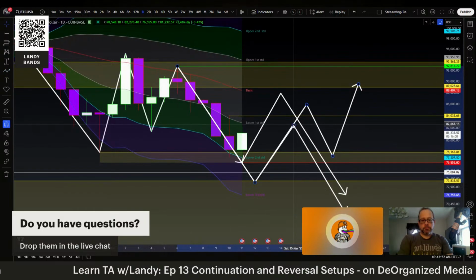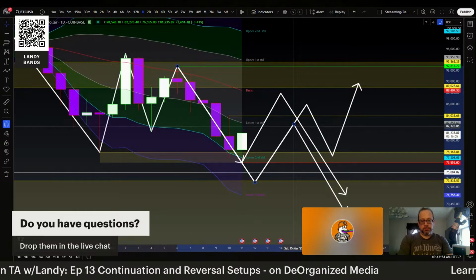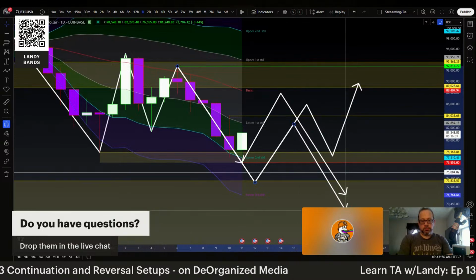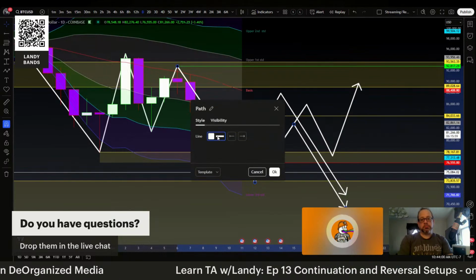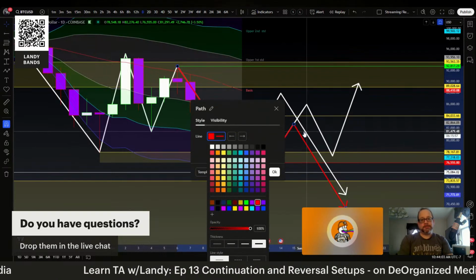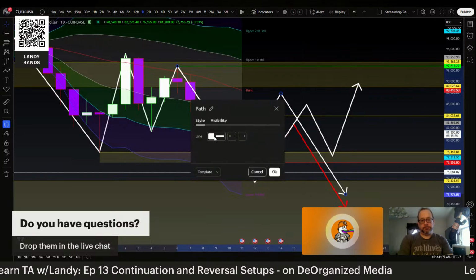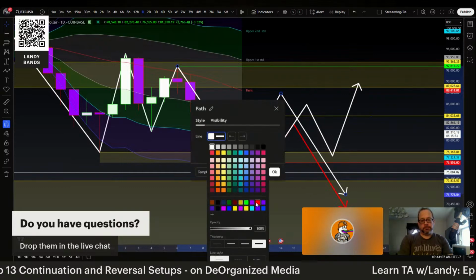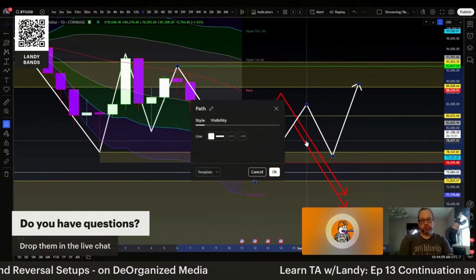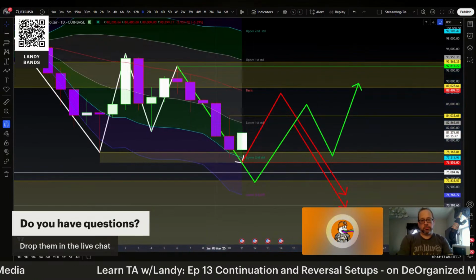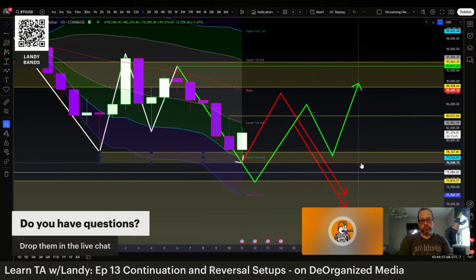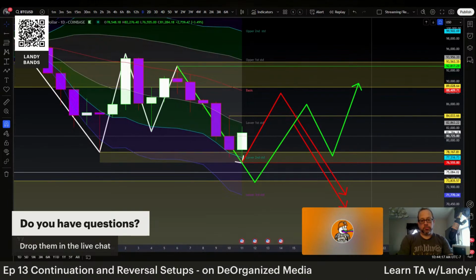So we've got two fairly bearish scenarios that could absolutely play out. So we can say this one is bearish, this one is bearish, and this one would be a trend reversal setup, right? And these, of course, are just examples.